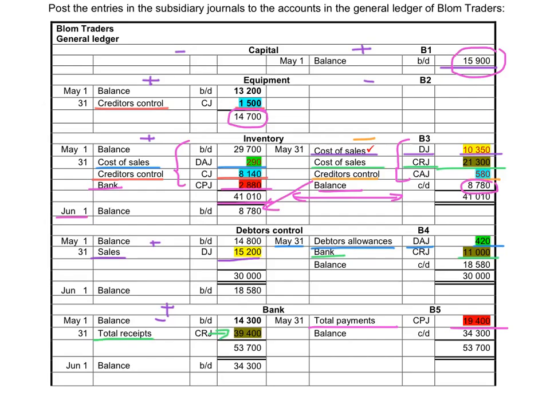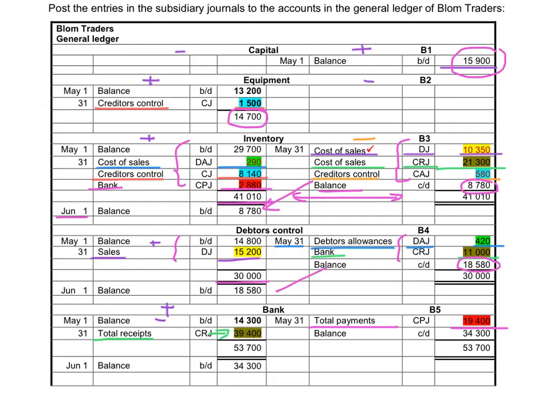The same with the debtors control. It is an asset, so I will add up the debit side, and then I will subtract the amounts on the credit side from the 30,000, determining that the balance is 18,580.